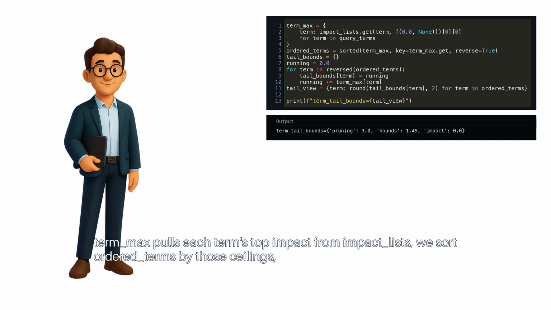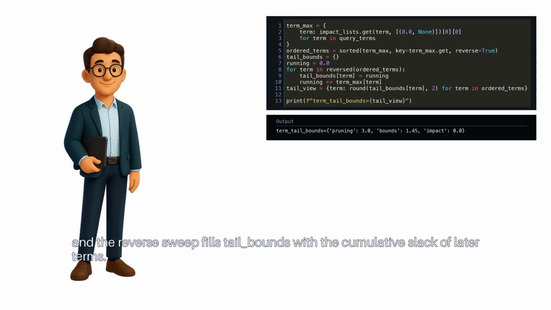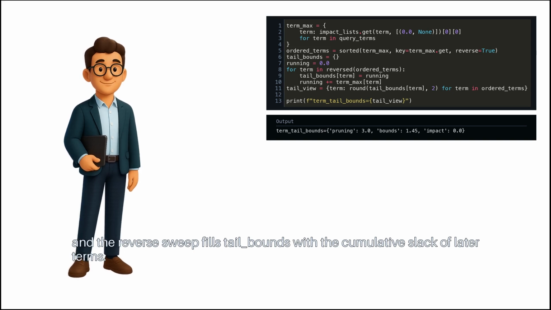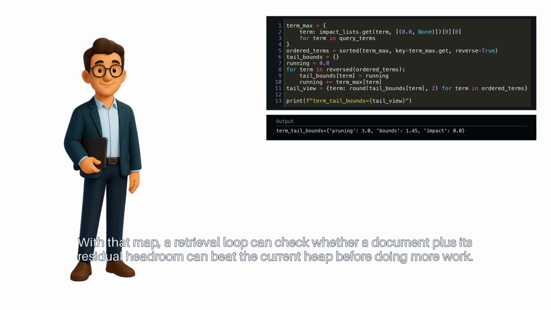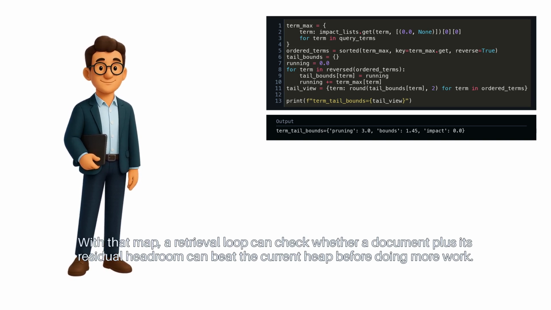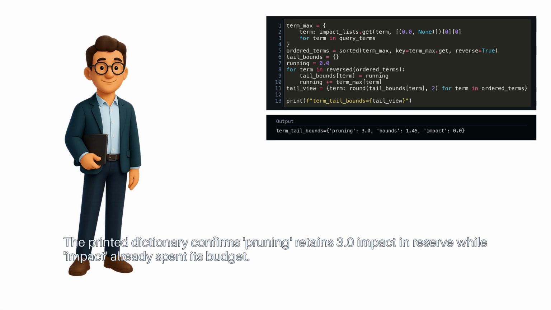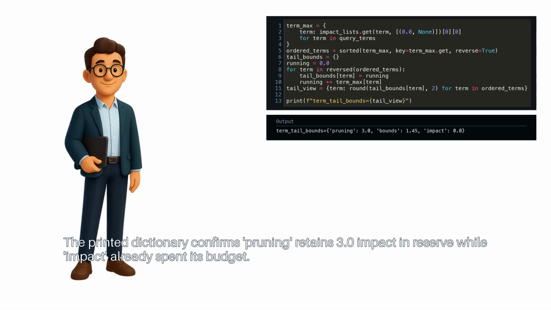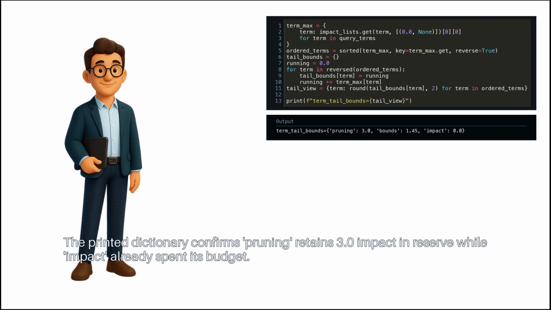We sort ordered terms by those ceilings. And the reverse sweep fills tail bounds with the cumulative slack of later terms. With that map, a retrieval loop can check whether a document plus its residual headroom can beat the current heap before doing more work. The printed dictionary confirms pruning retains 3.0 impact in reserve, while impact already spent its budget.